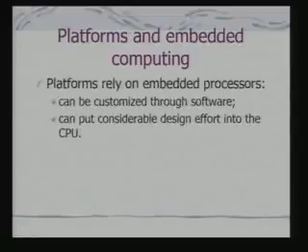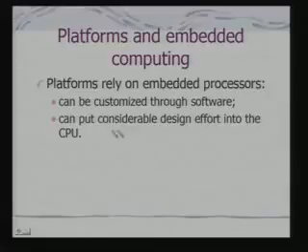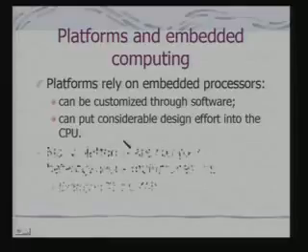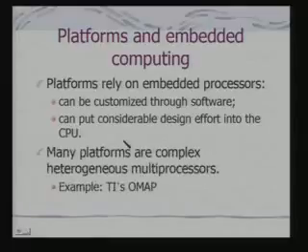In fact, many of the platforms rely on embedded processors and not just a single processor but a number of processors, so that their behavior can be customized through software. And that can put considerable design effort into the CPU, but that design effort goes in while making of the platform. And many platforms are therefore complex heterogeneous multiprocessors.